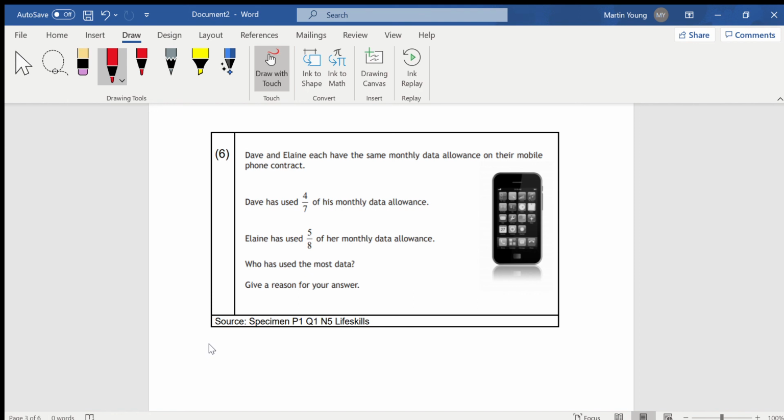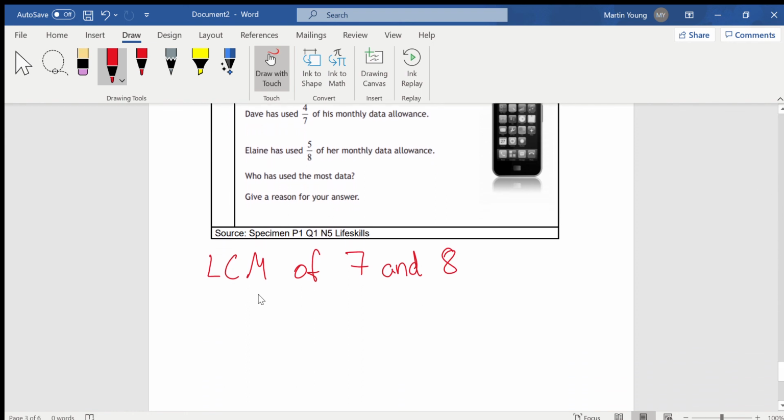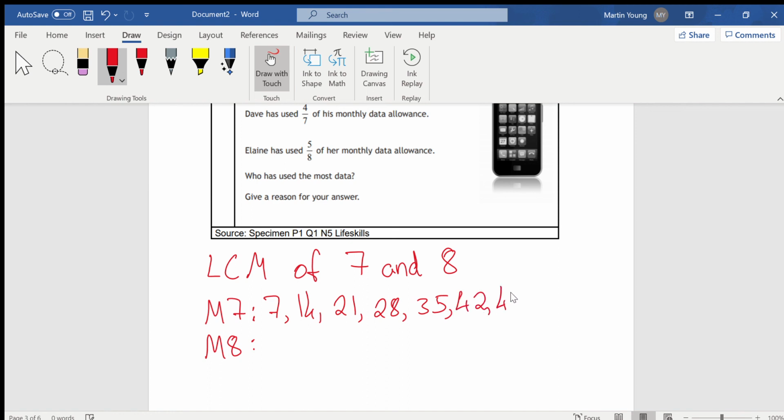So I'm going to try and find the lowest common multiple of 7 and 8. If I just go through the times tables, multiples of 7, multiples of 8, 7, 14, 21, 28, 35, 42, 49, and then 56. 8 would be 8, 16, 24, 32, 40, 48, 56.